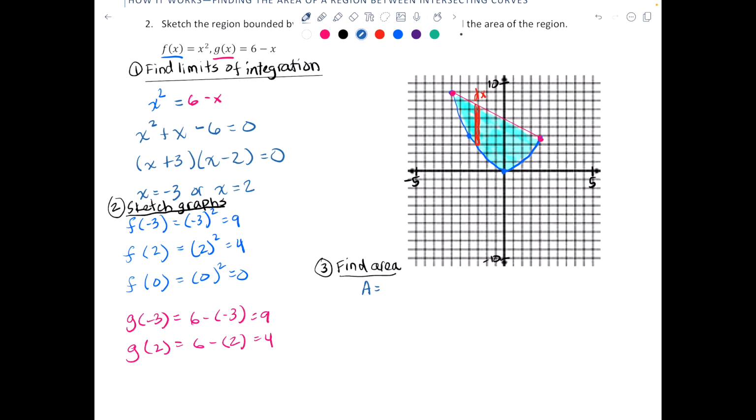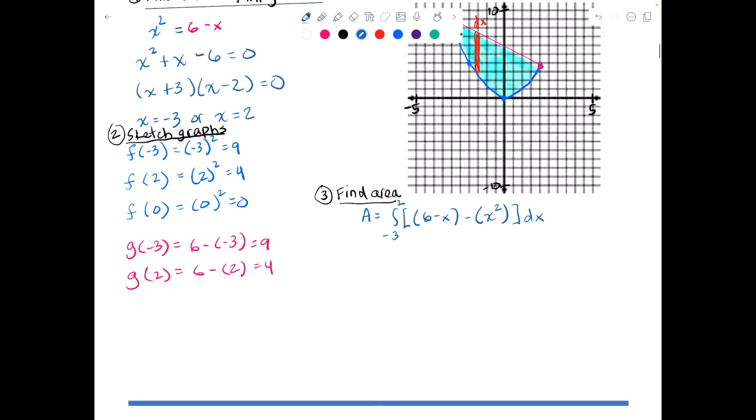And so our area will be the integral from -3 to 2. Topmost graph was 6 minus x, minus bottommost graph, which was x squared, and that's with respect to x. So that gives us an area of, actually I'll simplify it.